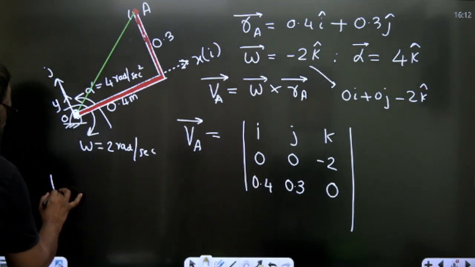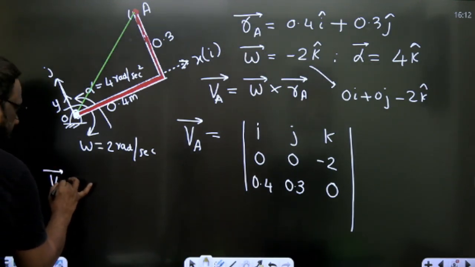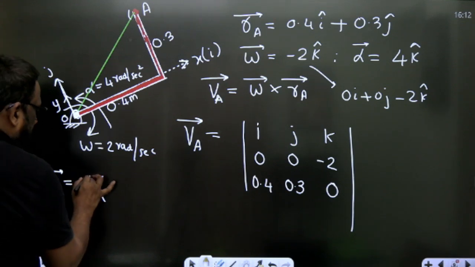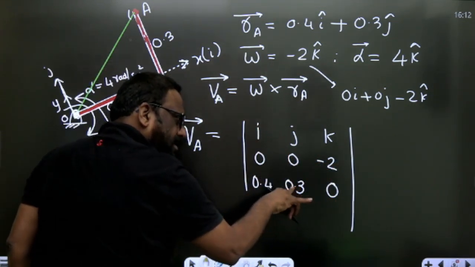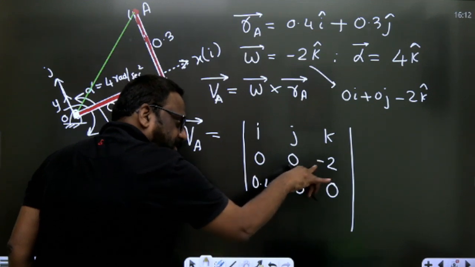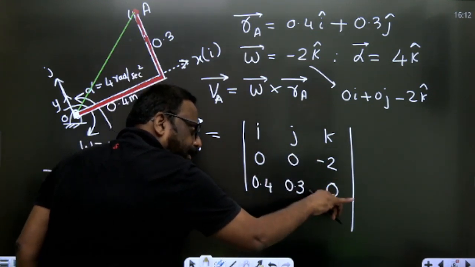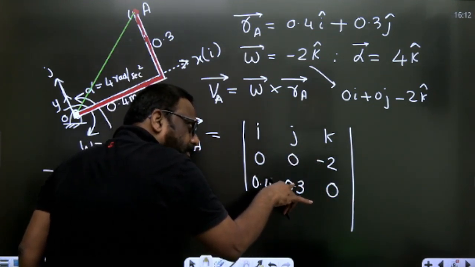So the velocity vector of A is given by i into, as you know very well, this minus this: 0, minus of minus is plus, 0 into 0 is 0, minus of this into this.